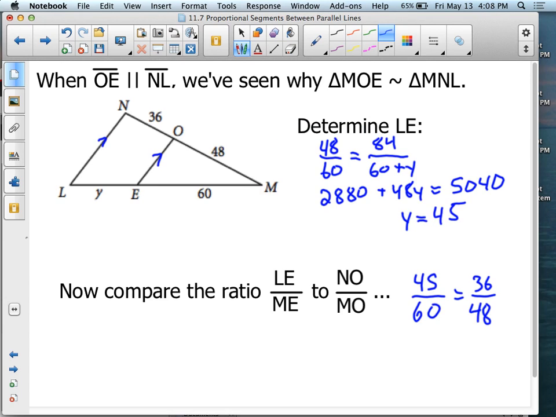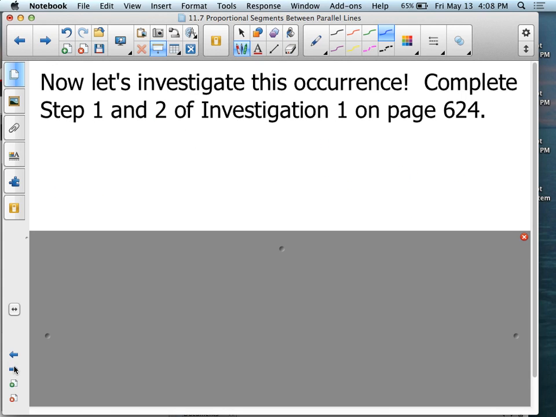Do you notice that they are equal? That's pretty interesting. So what do you think? Is that a sheer coincidence, or do you think it's a mathematical rule? What I'd like you to do is to complete steps 1 and 2 of investigation number 1 on page 624. You might want to hit pause and work on this, and then when you come back, press play.